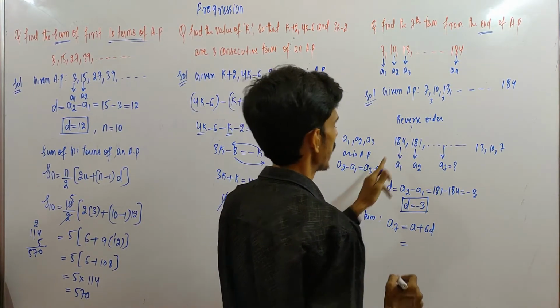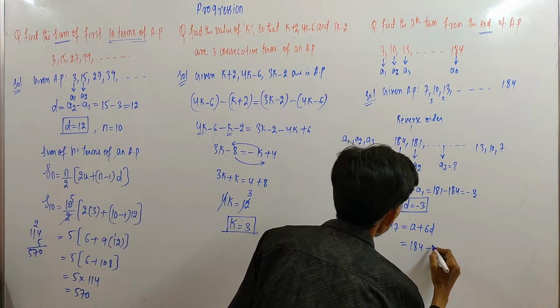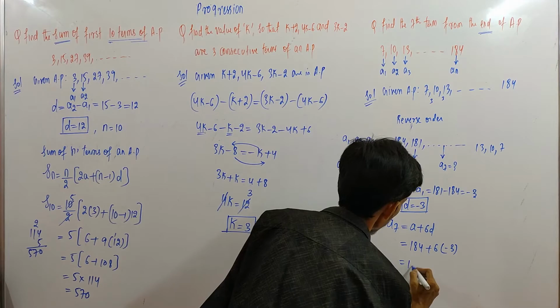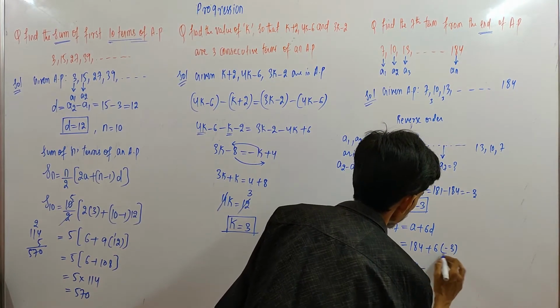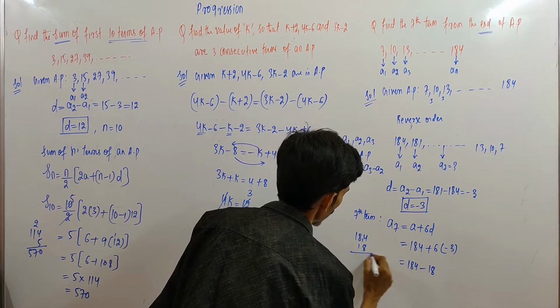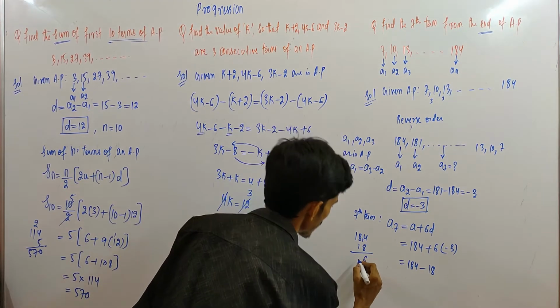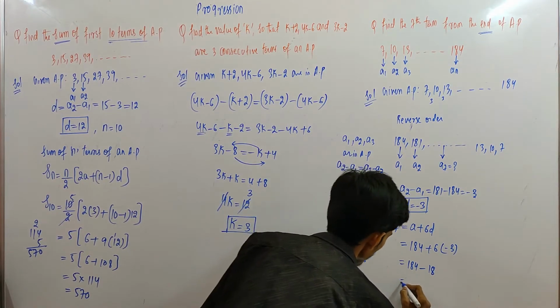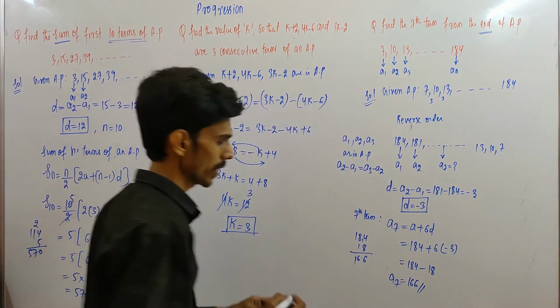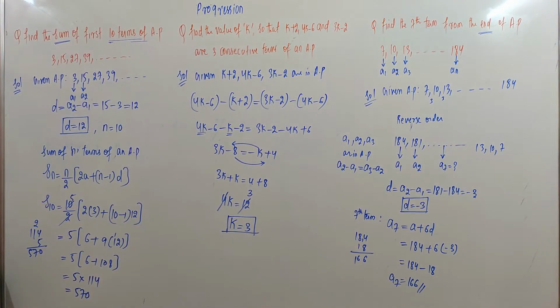A value we have 184 plus 6 into d value minus 3. So 184 minus 18, which is 166. So 166 is the seventh term of this sequence.